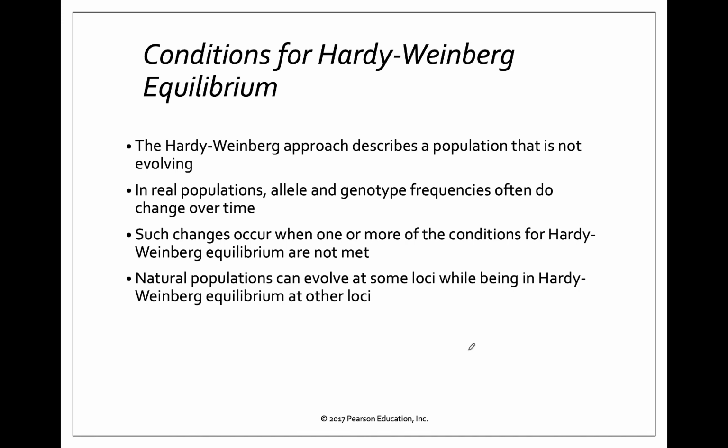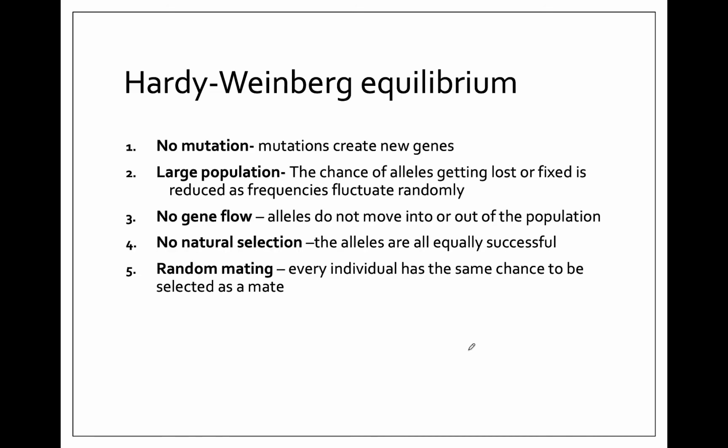Most real populations are going to change over time, and they're not going to fulfill all of these conditions all of the time. So here are the 5 conditions for a population to be in equilibrium, which means that it is not evolving. So there has to be no mutation, absolutely 0 mistakes. Every time we do DNA replication, it comes out perfect.